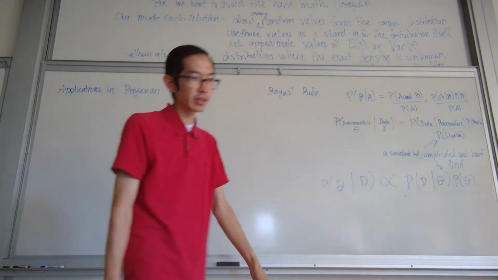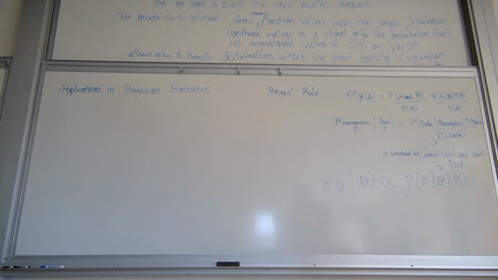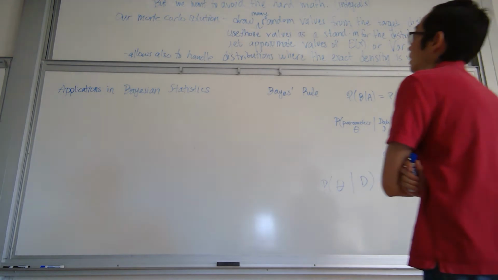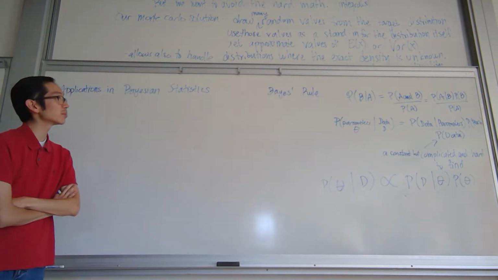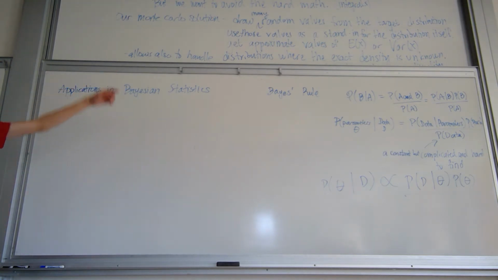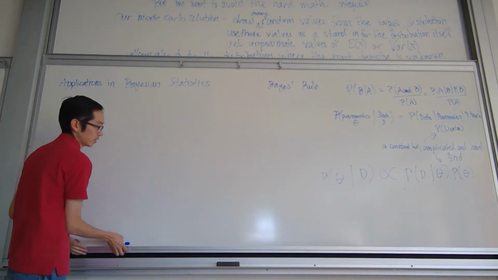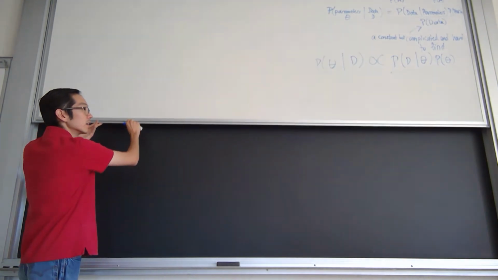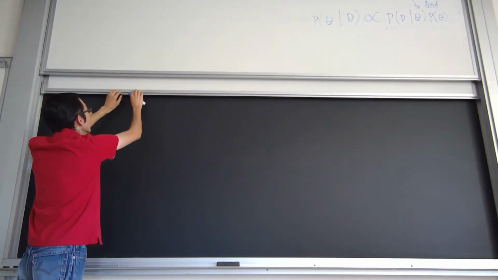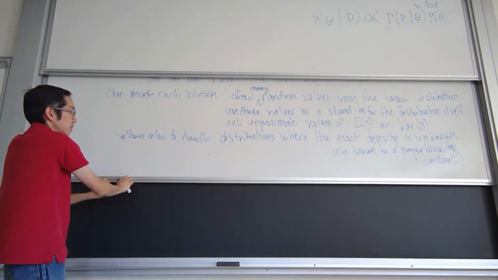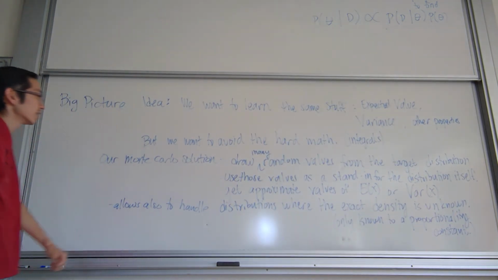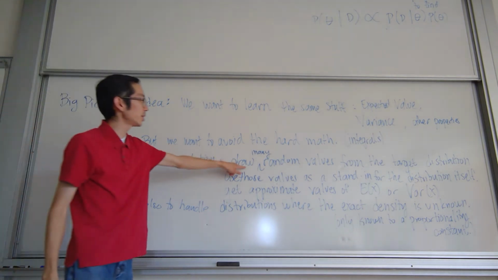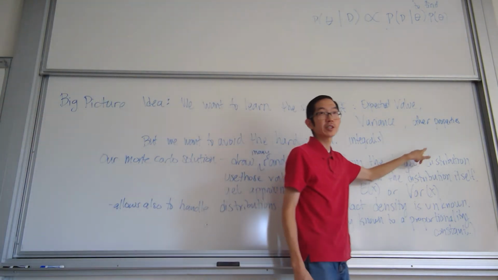Okay, so that's Monte Carlo methods, the big picture idea. And so this first week, we'll just talk about this part back here: drawing many random variables from the target distribution.